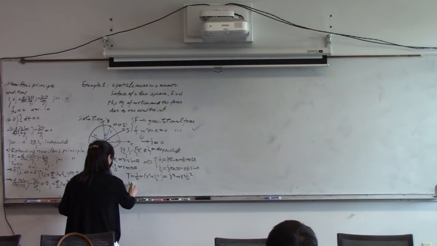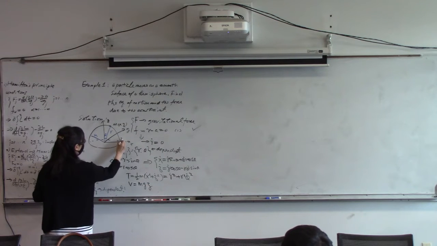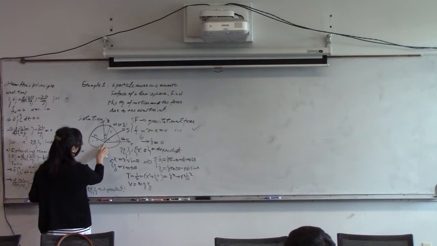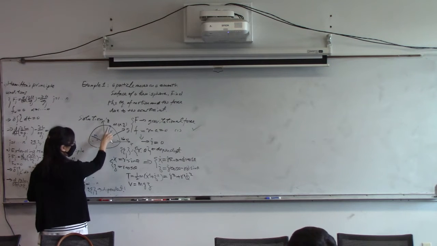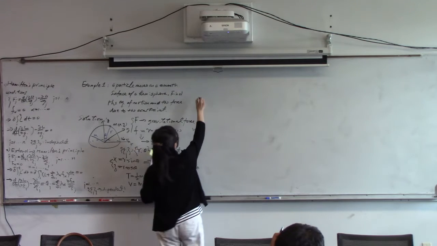And the potential is mgz, right? If we select the potential equal to 0 at z equal to 0, then any position is mgz. So then the Lagrangian here.